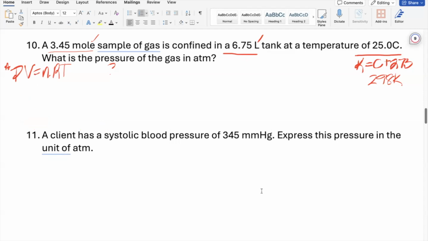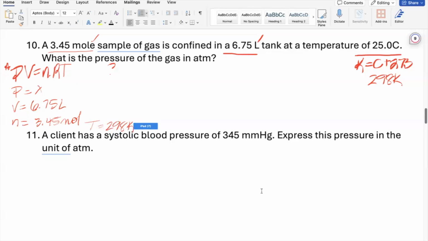My P is what I'm solving for, so we'll call this X. V is 6.75 liters. My N, 3.4 moles. My R is going to be given to me on the formula sheet. And my T is 298 Kelvin.